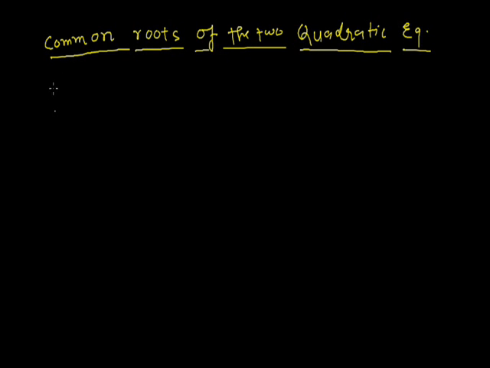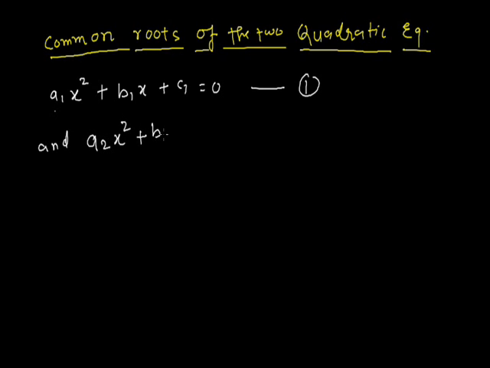Let us suppose that we have two quadratic equations, and here a1 a2 is not equal to 0. There is a sufficient condition.